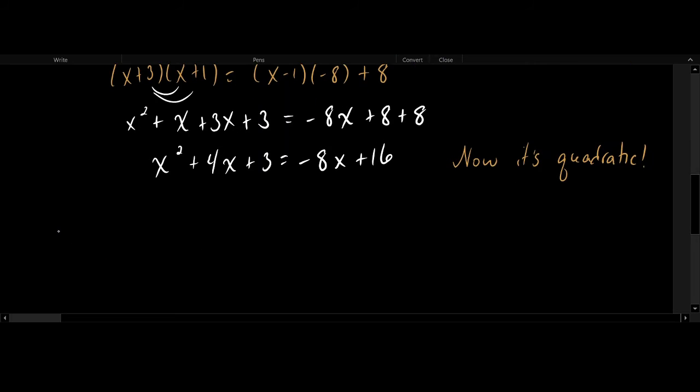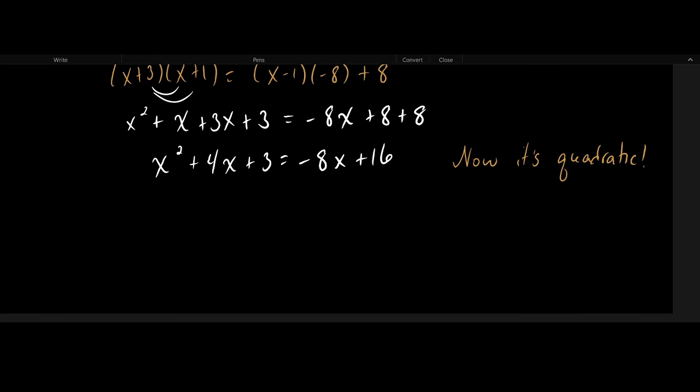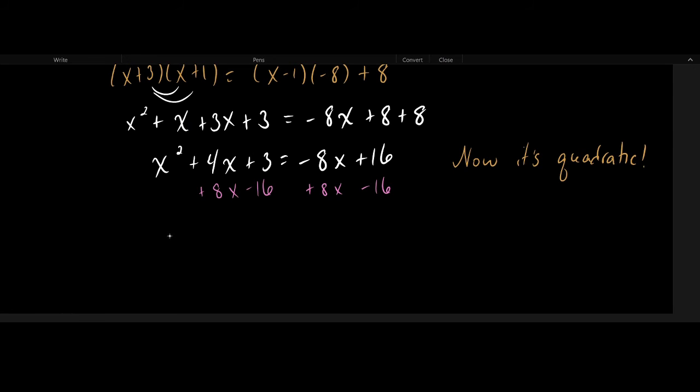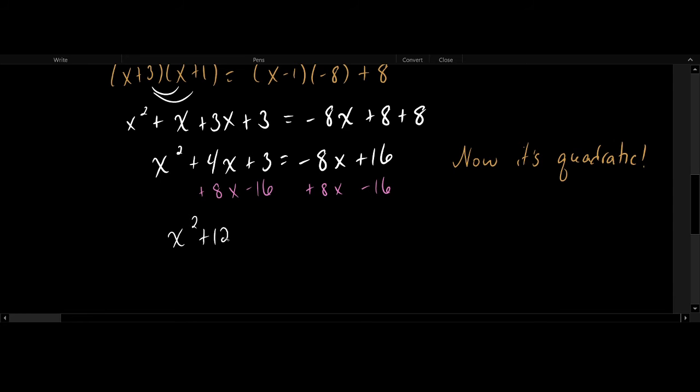And quadratic equations are usually solved by moving everything to one side of the equation so that we can get a 0 on the other side. So let me move over the 8x, and let me move over the 16, and we get x squared plus 12x minus 13 equals 0.